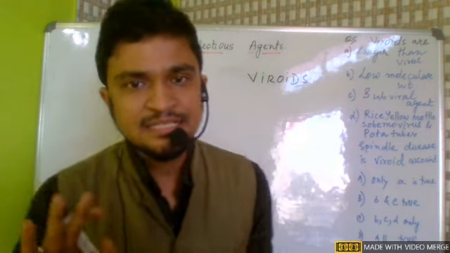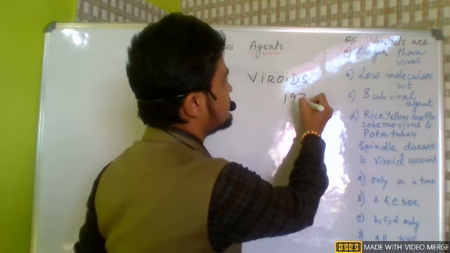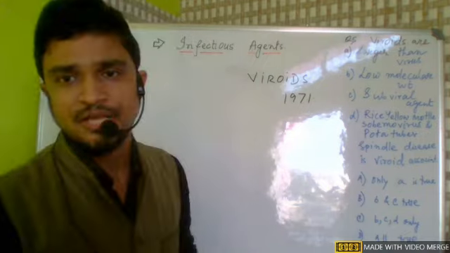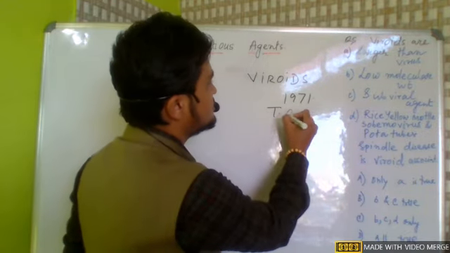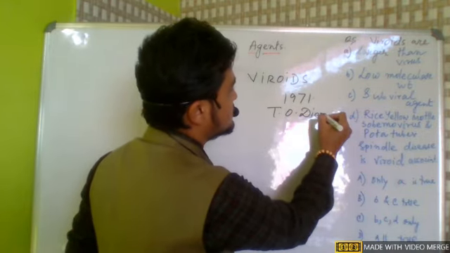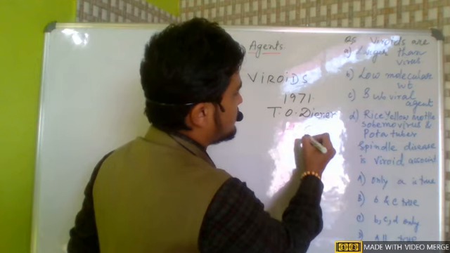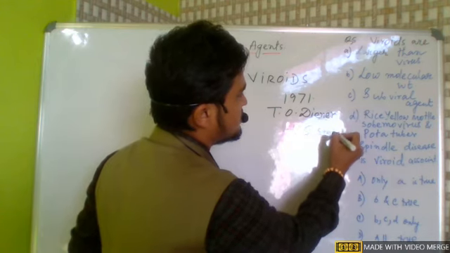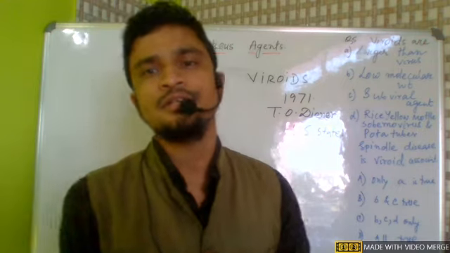Around 1971, there was a scientist known as T.O. Diener. He was working in the US as an agricultural scientist.